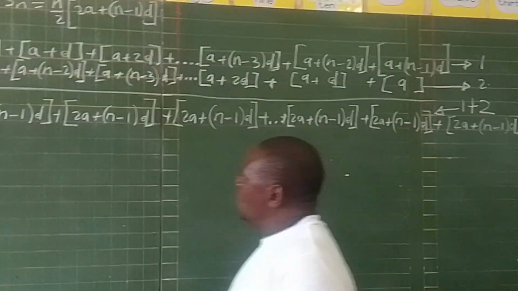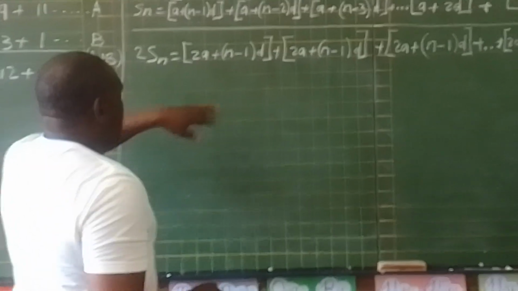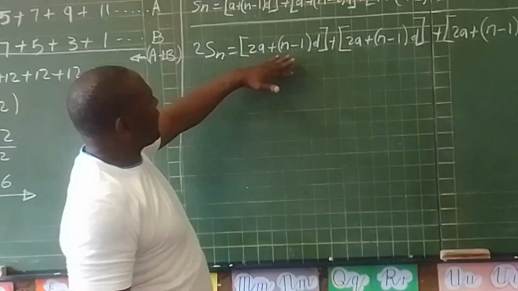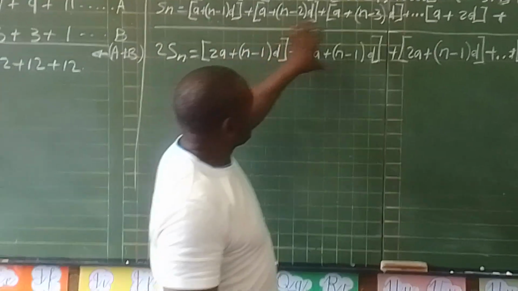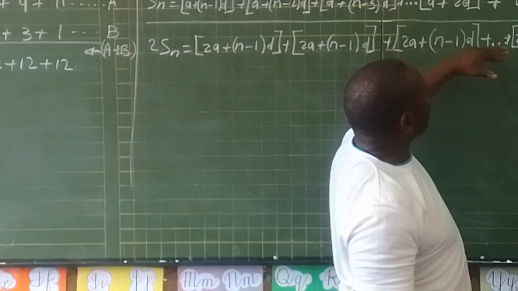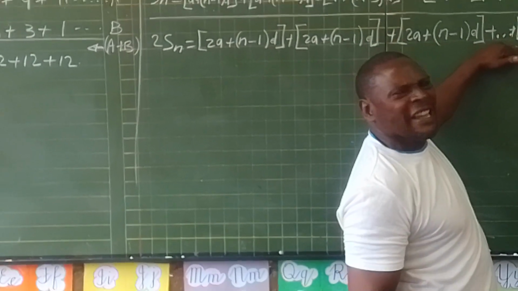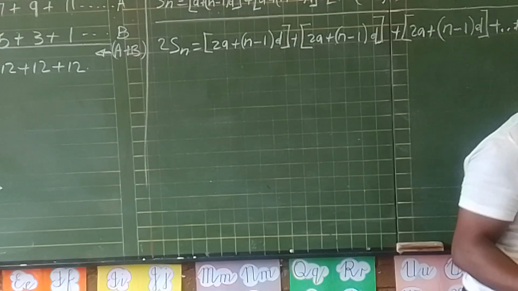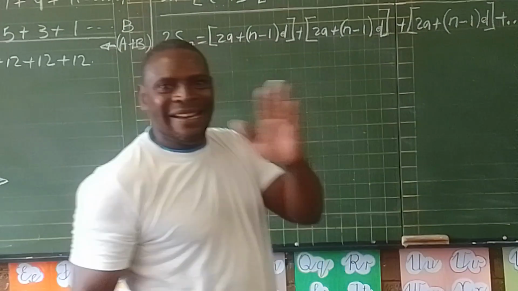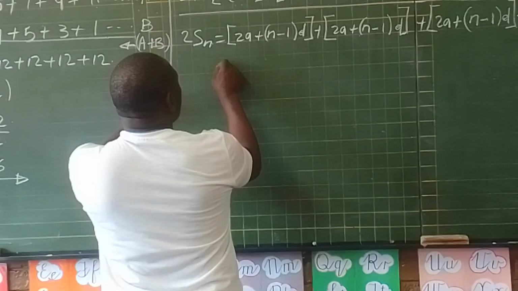Now, when we are done doing that, you come to say how many number of terms do we have? It's 1, 2, 3, and so many of them in here. We have lost count up until the last 3, so we can call them the n terms. So how many of them?